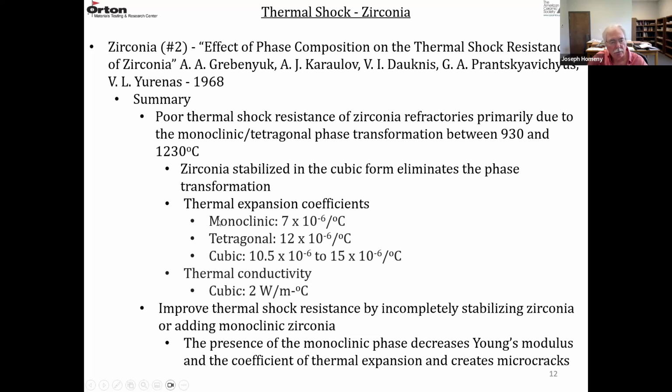And adding more monoclinic, with its low thermal expansion coefficient, decreases the coefficient of thermal expansion. So by partially stabilizing zirconia, you're lowering the thermal expansion coefficient and creating microcracks that decrease Young's modulus. It's also going to decrease the strength.